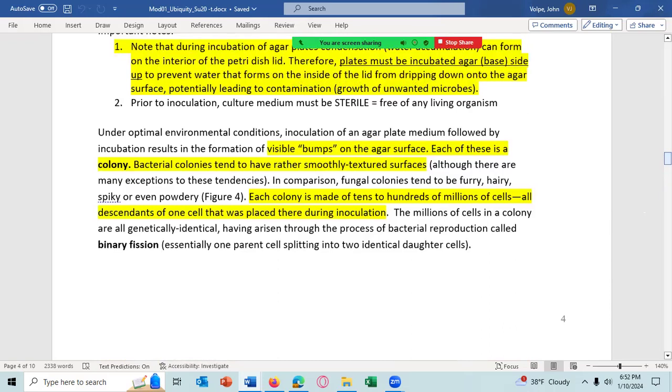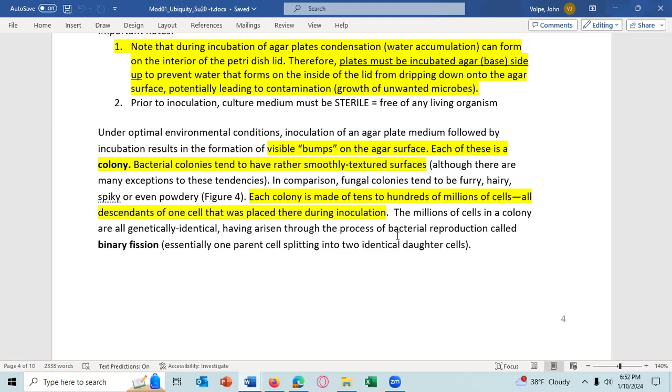Each colony is made up of tens to hundreds of millions of cells, all descendants potentially of one cell that was placed there during inoculation. That one cell splits into two, two into four, four into eight, eight into 16, 16 into 32, etc., until you get about 1 million cells.